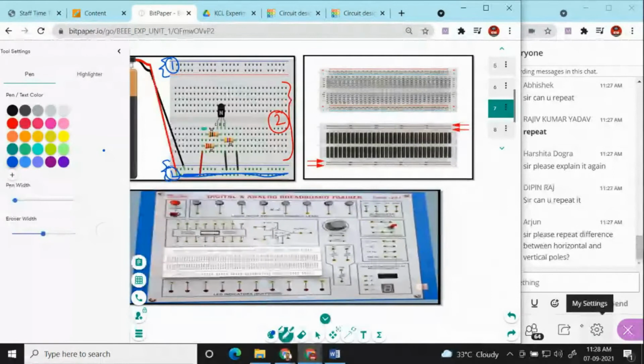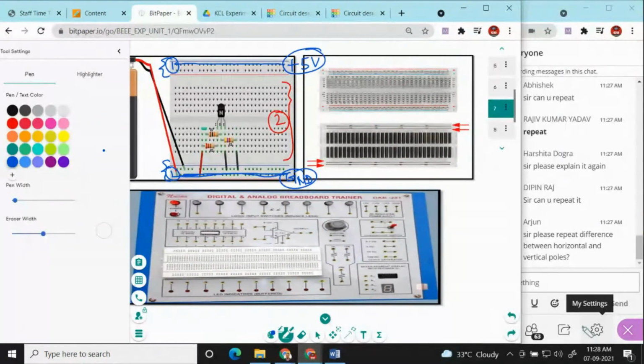That means if you apply, let's suppose that I am applying this connection to ground. So all the connections are horizontally grounded, okay? And this is again the horizontal section. If I apply 5 volt, okay, to this connection, so these horizontal connections are connected with plus 5 volt, okay.